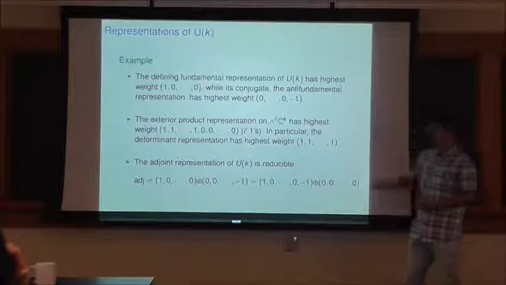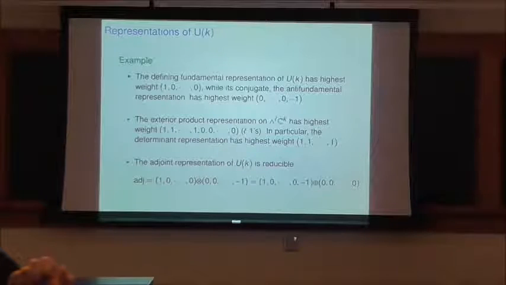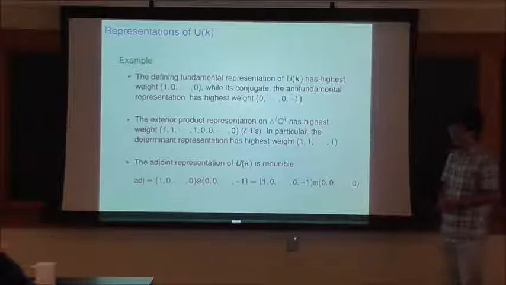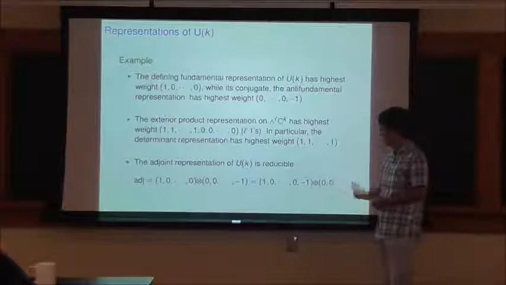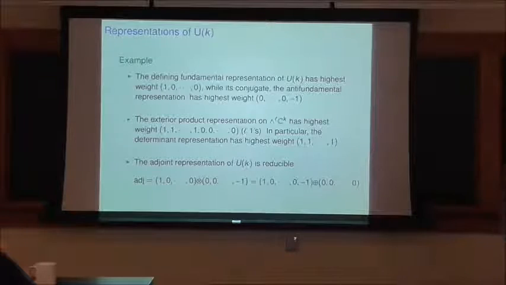It's called the determinant representation, which is the case where L equals K, and it's labeled by all ones in all places. And finally, the adjoint representation of UK is reducible, and it's a tensor product of fundamental and anti-fundamental. So it's CK tensor with the dual of CK, and it can be decomposed in this way with a trivial representation and a non-trivial representation.